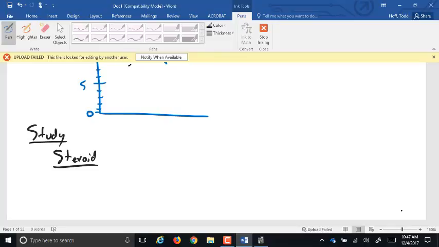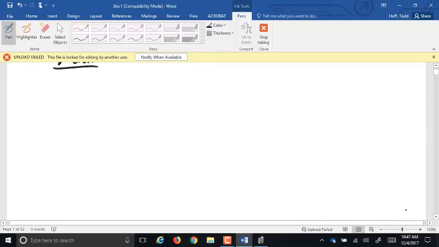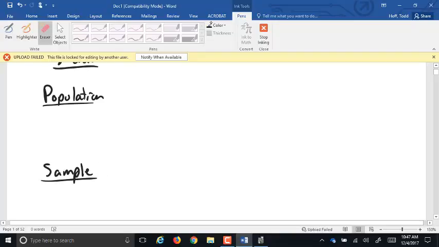First question, remember we talked about population, we talked about samples. So for this situation with the steroid use, and be as specific as you can, what is the population they are studying here?